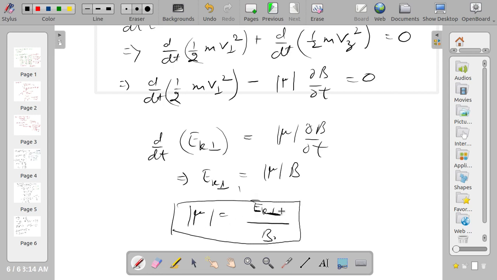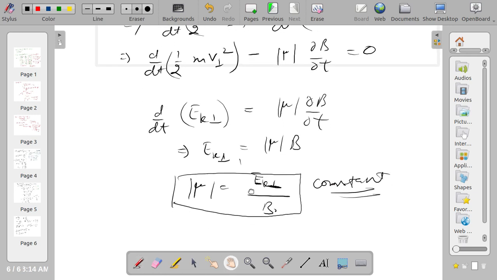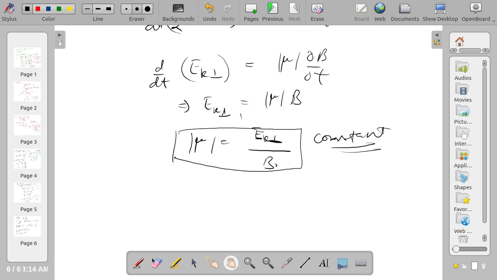It's the kinetic energy perpendicular component, so that means it is constant.